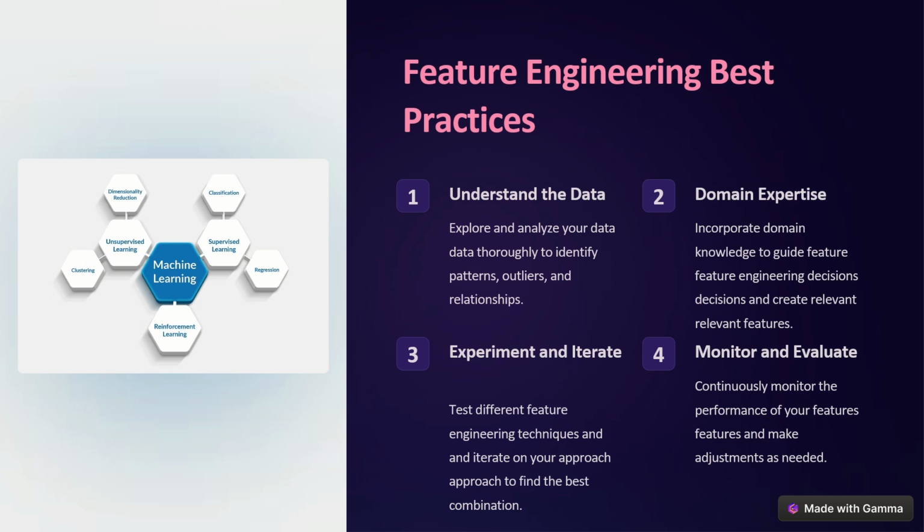Try different techniques, see what works best, and don't be afraid to make changes. Monitor and evaluate. Keep an eye on how your features are performing and make adjustments if needed. Okay, so these are the 4 practices you should remember while doing feature engineering.